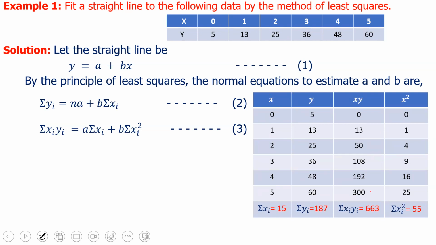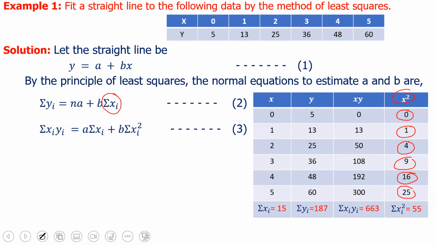Similarly, we want to find out the x square. So 0 square is 0, 1 square is 1, 2 square is 4, 3 square is 9, 4 square is 16, and 5 square is 25. Now we have to add all these terms, because we have to substitute the value of sum of xi.